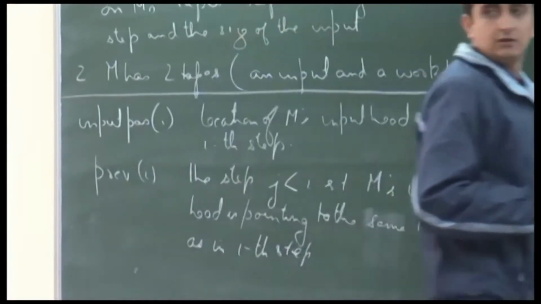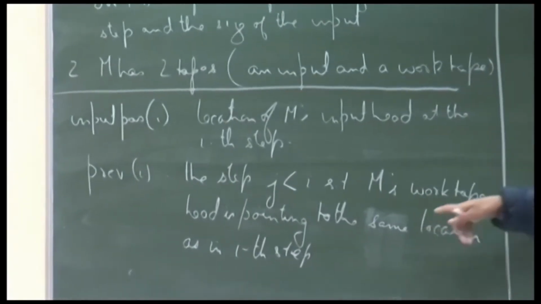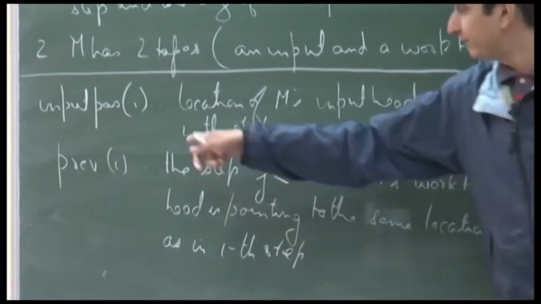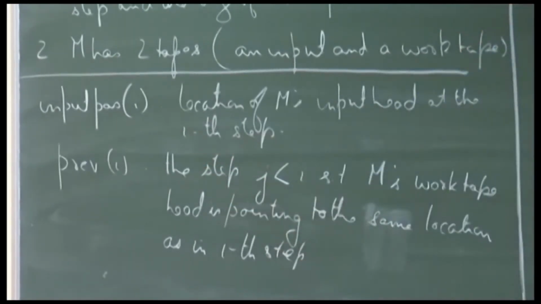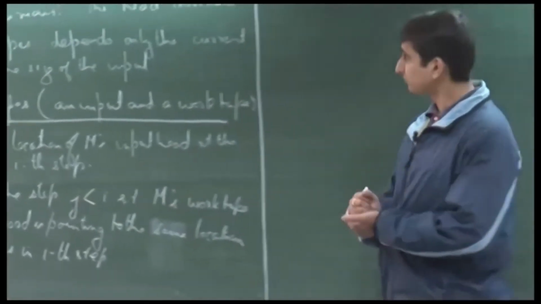Whatever location the work tape was pointing to in the ith step, previous of i is just the step prior to i when it was pointing at that same location, whatever that value j is.